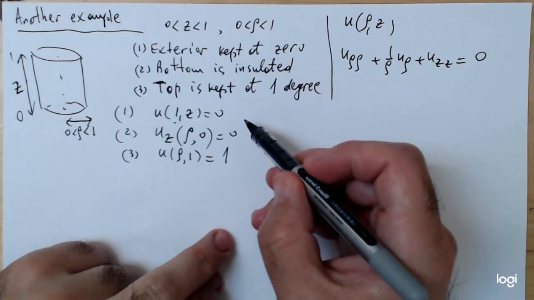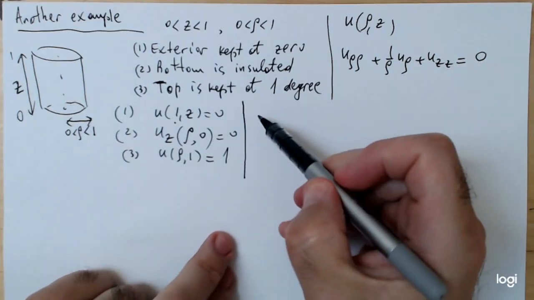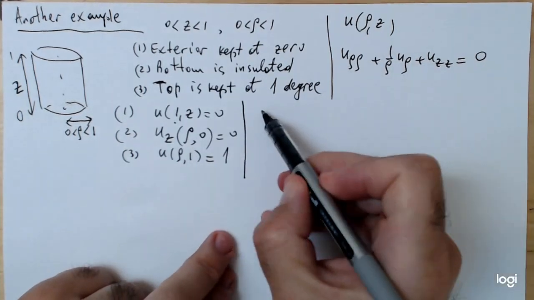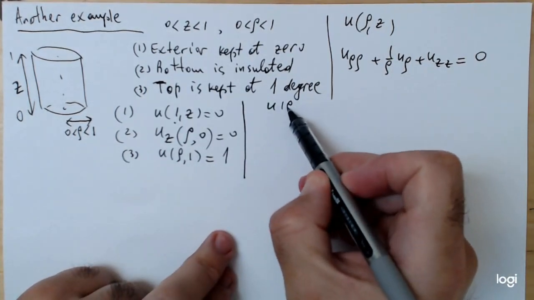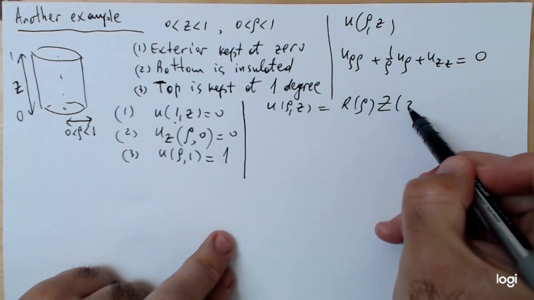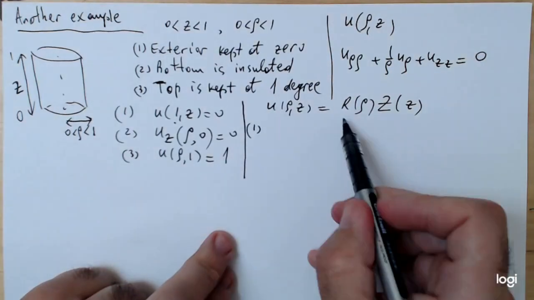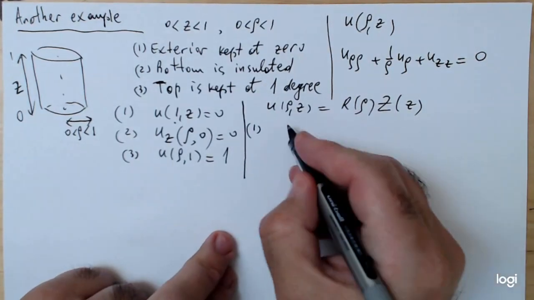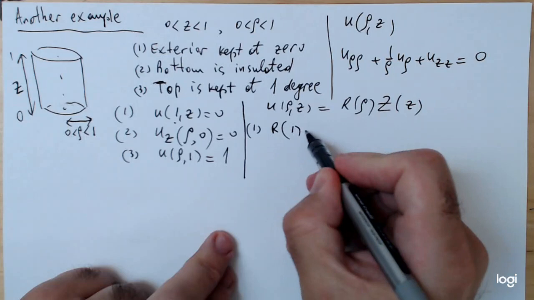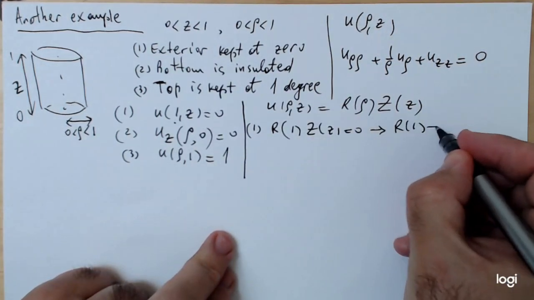And let's see how they look when we use separation of variables. So remember, U of rho, Z is assumed to be a function in rho times a function in little z. And so the boundary conditions now, if I plug in this format, become R of 1 big Z of little z equals 0, which implies R of 1 equals 0.